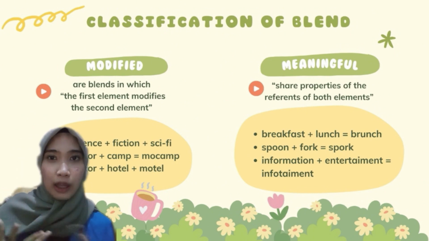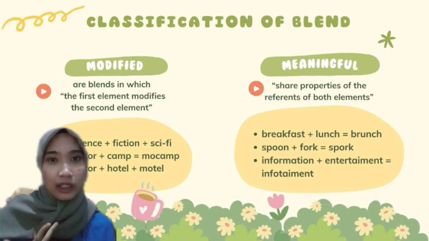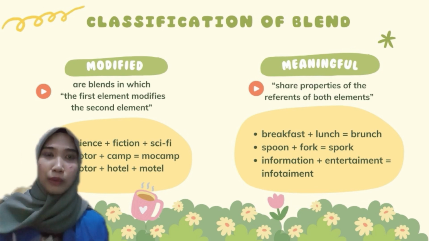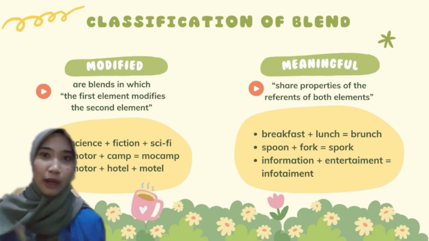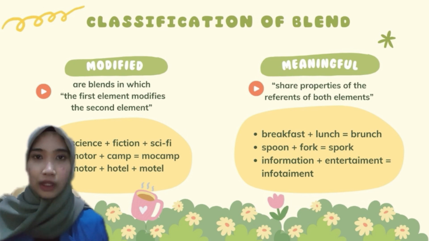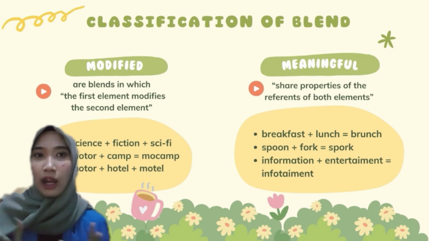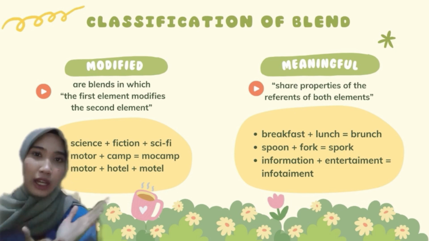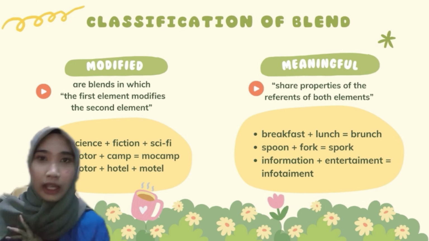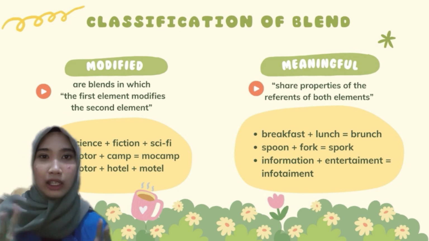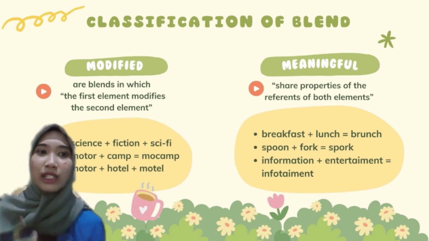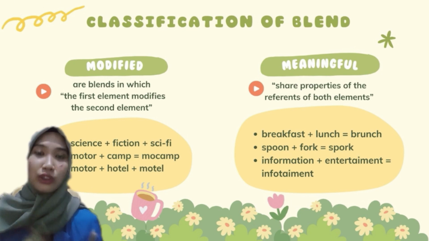And then the third classification is syntagmatic and associative blends, and there are morphothetic, morphonological, and morphosemantic. Okay, now I explain two classifications, modified and meaningful. Why? I only explain two classifications because they are easy and often learned.